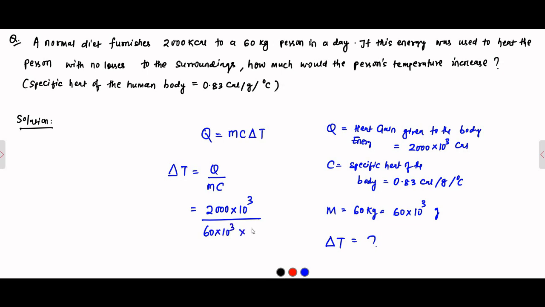So it is coming around 40.16 degree Celsius. This is the increase in temperature of the body, if 2000 kilocalorie of energy is used up to heat the person with no external loss. Okay, so this is it.